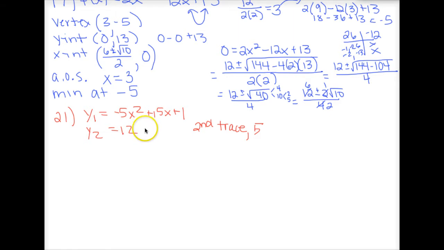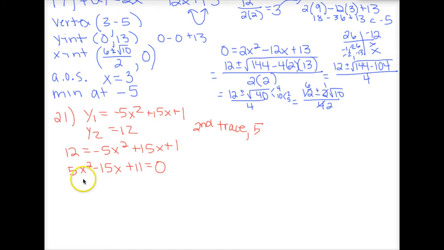Algebraically, you can show that it reaches there two different ways. You can either actually solve it, so do 12 equals negative 5x squared plus 15x plus 1. So subtract the 12, and actually I moved things this way so that it would be positive. So positive 5x squared minus 15x, and then plus 11 equals 0.